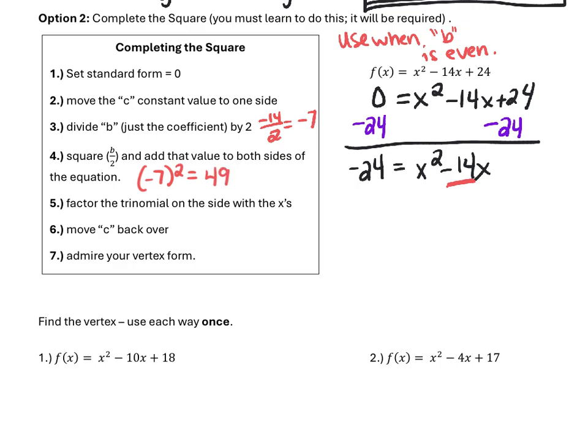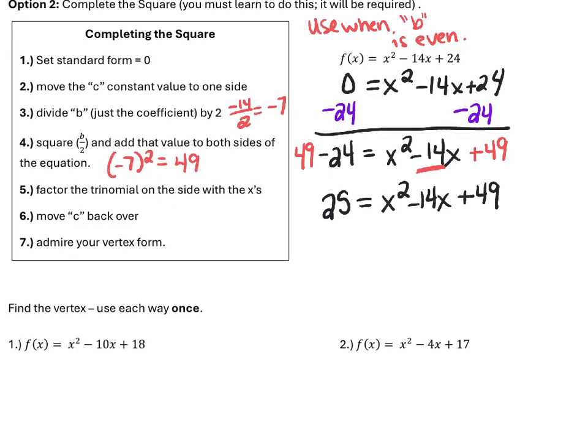We take that 49 and we add it to both sides of our equation to keep it balanced. On an equation, whatever you do on one side, you have to do on the other. If we simplify, this becomes 25 equals x squared minus 14x plus 49.